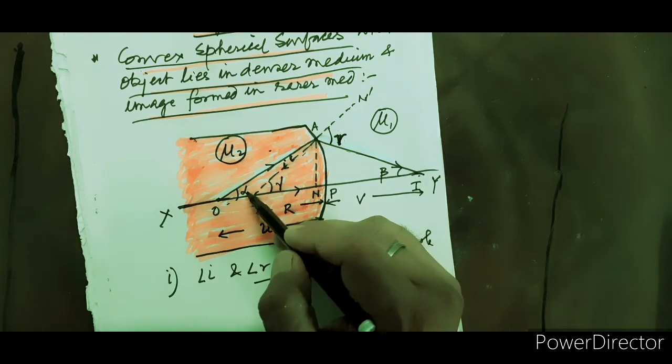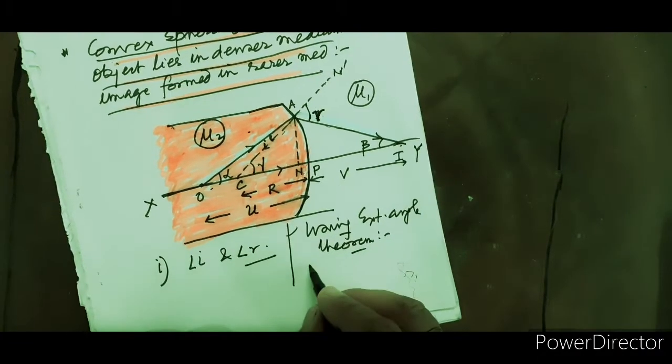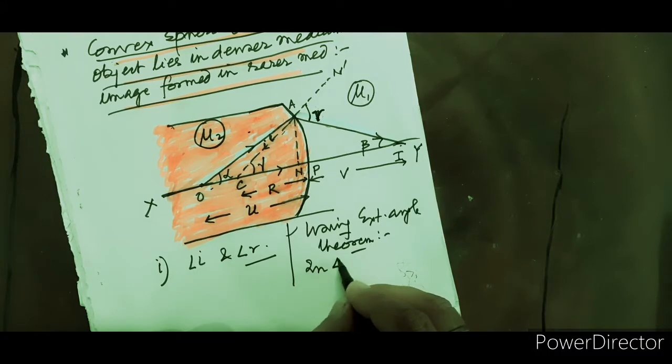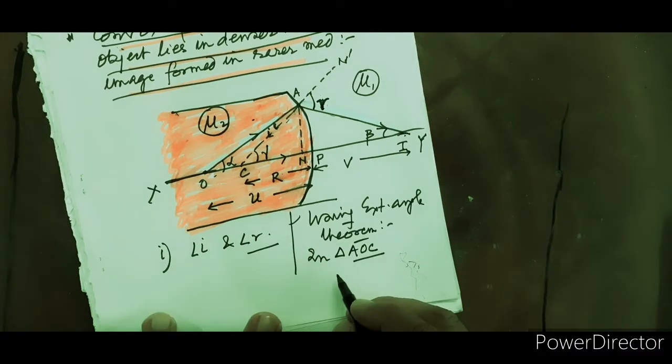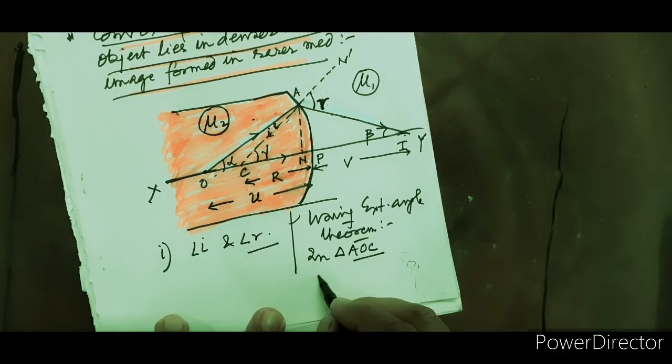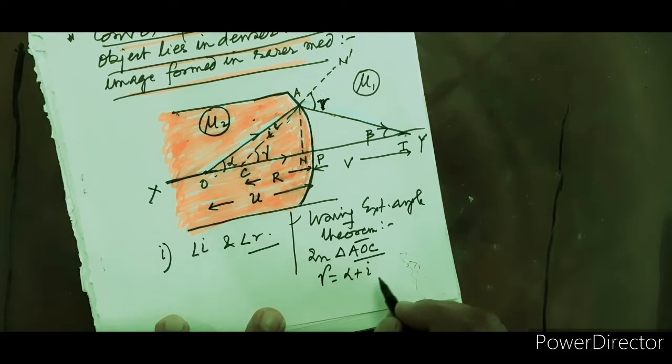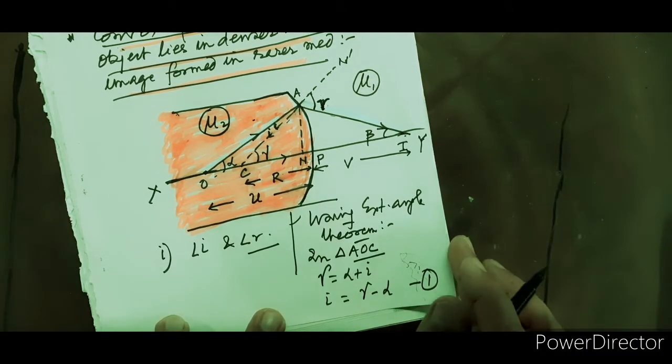Gamma is equal to I plus alpha. So in triangle AOC, what are we going to write? Gamma is equal to alpha plus I, or angle I is equal to gamma minus alpha. That is number one.